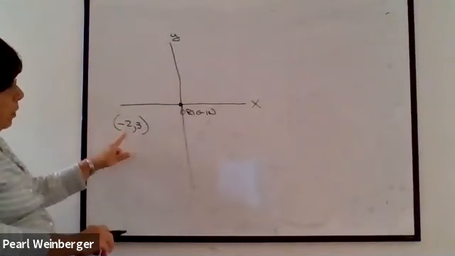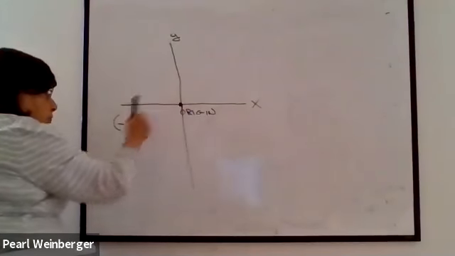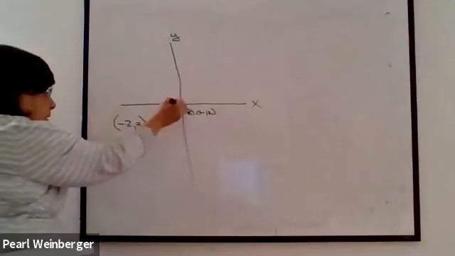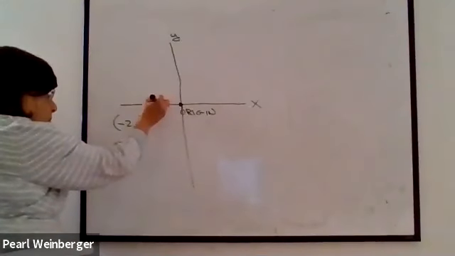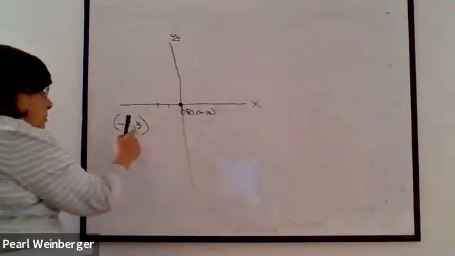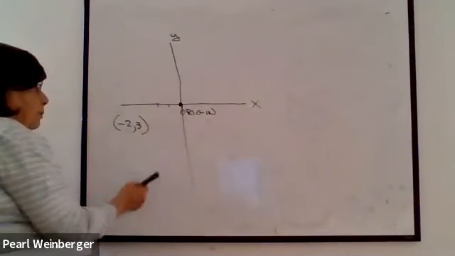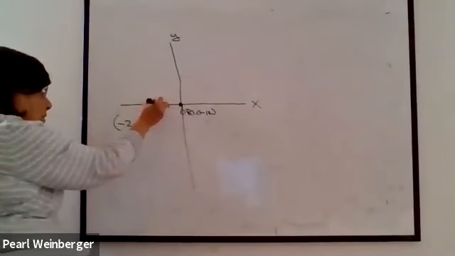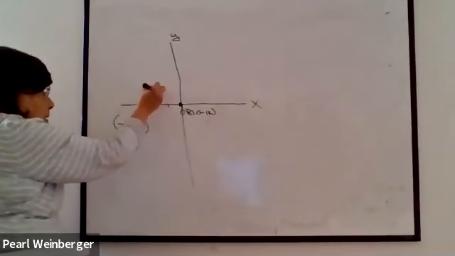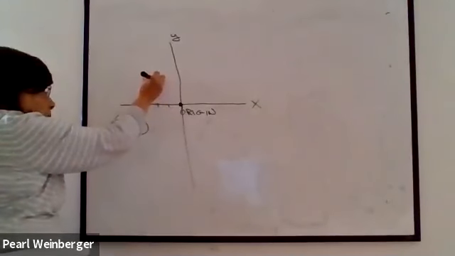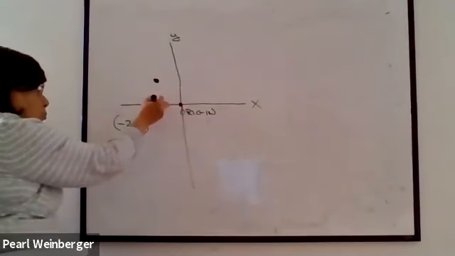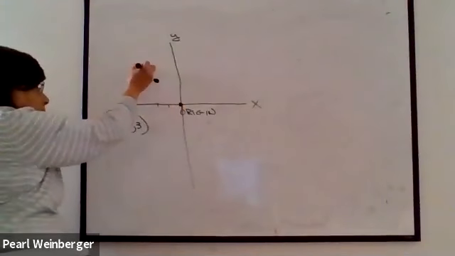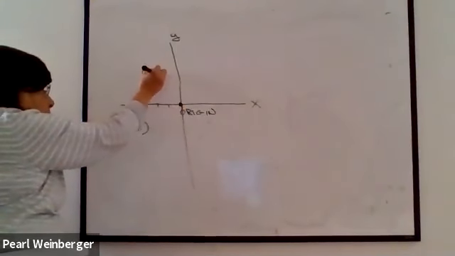The way we get to that point is we take the first number, which is the x coordinate. We start at the 0 or the origin. The first number always indicates left or right. -2 means go 2 to the left. And then you use your second number for going up or down. The next number I have is 3. So from this point, I go up 3. And that point that I got by going 2 to the left and 3 up is the point I'm talking about.